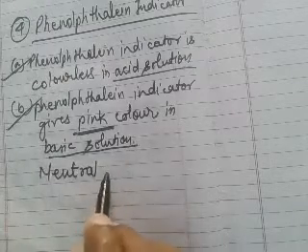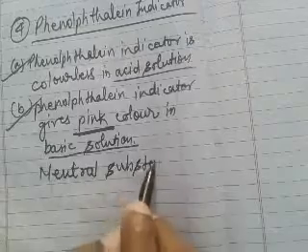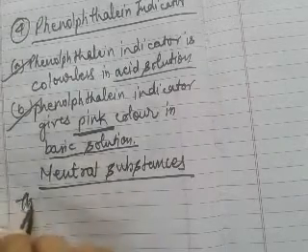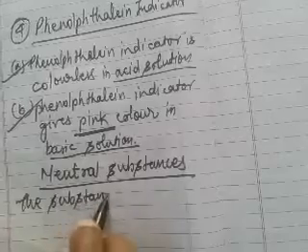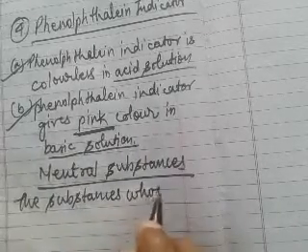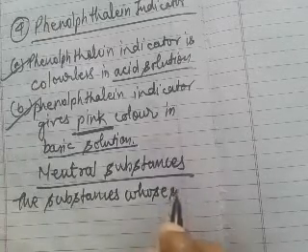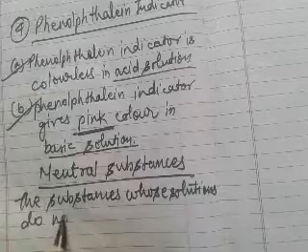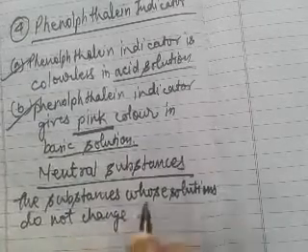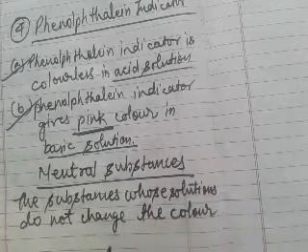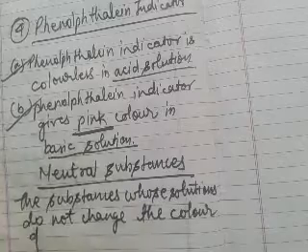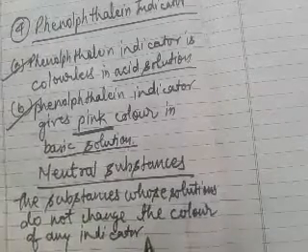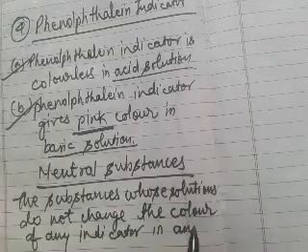So neutral substances are the substances whose solution does not change the color of any indicator in any way.